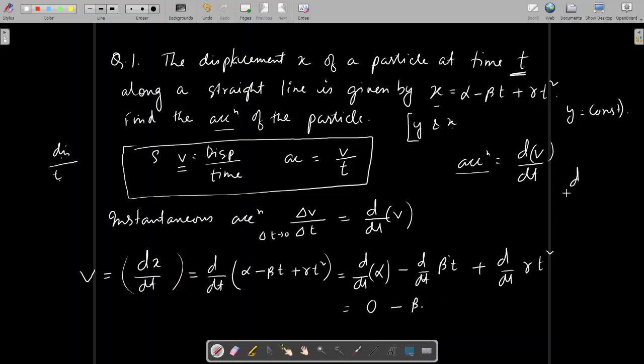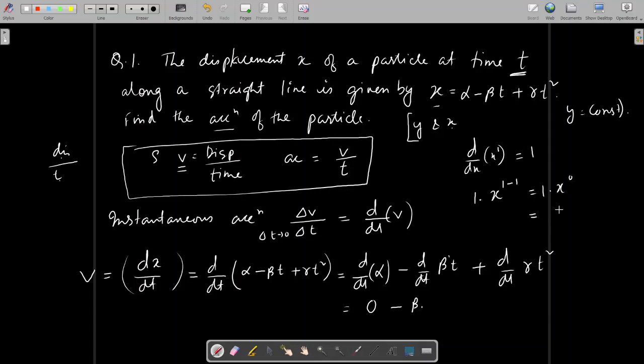Then d/dt of t. Let me explain this. d/dx of x is equal to 1, but how is it 1? Let me show you. Here the power is 1, so 1 will come ahead, then x to the power 1 minus 1, you get 1 into x to the power 0.